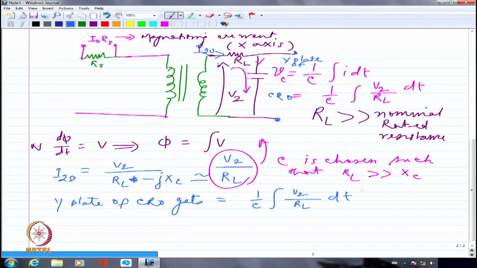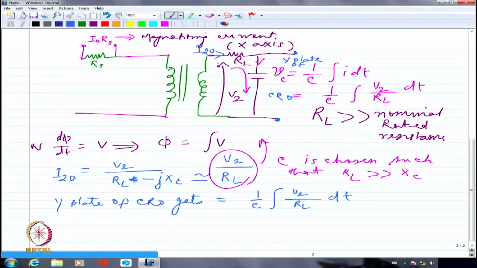Because N d phi by dt is voltage. That's what we said. So obviously if I am only looking at voltage, voltage divided by N will be d phi by dt. So phi will be voltage divided by N, integrated. Right? So I am getting a measure of flux. I'm not saying it is exactly flux per unit area or flux per unit turn. I'm not saying that at all. I'm basically saying that I'm getting a measure of flux. As simple as that. That's all.